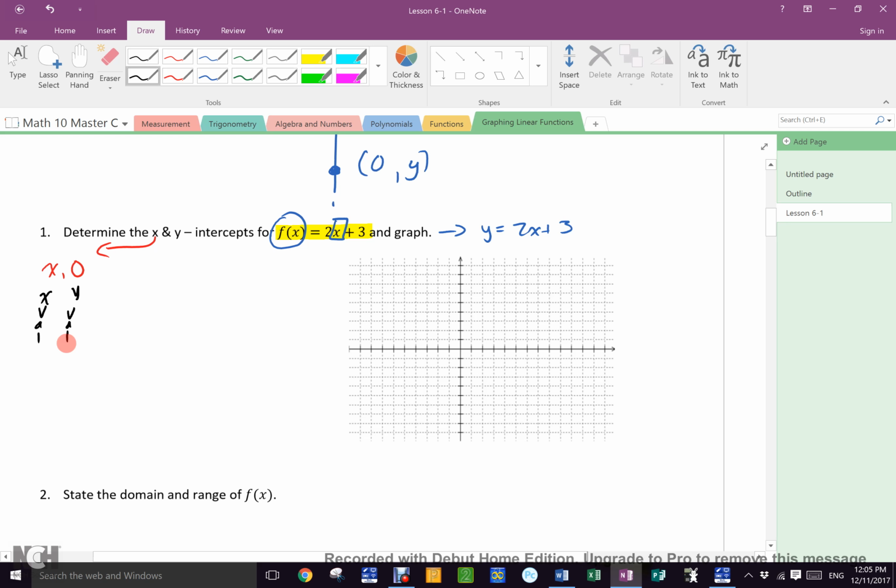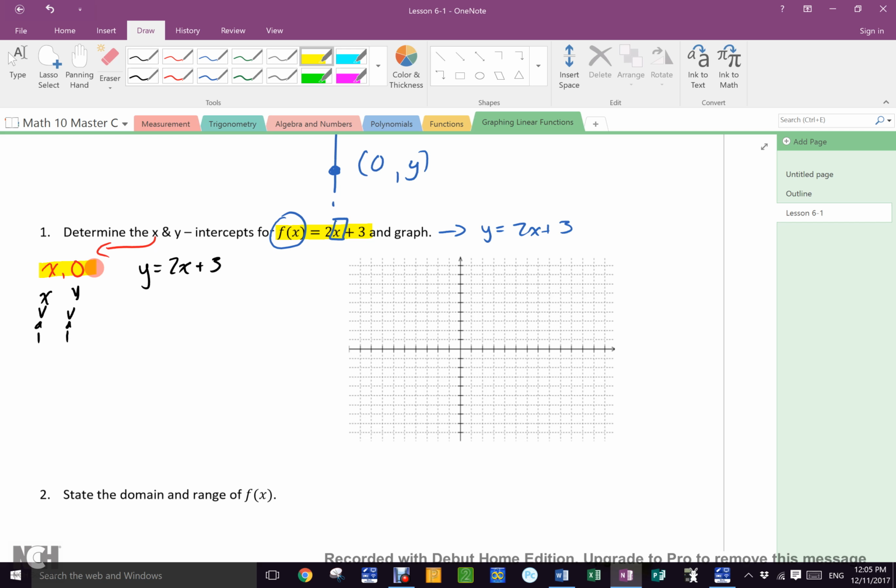Everyone agree? Well, I have this equation, y equals 2x plus 3. And I have an x value of x and a y value of 0. What do you think I can do with those two pieces of information?